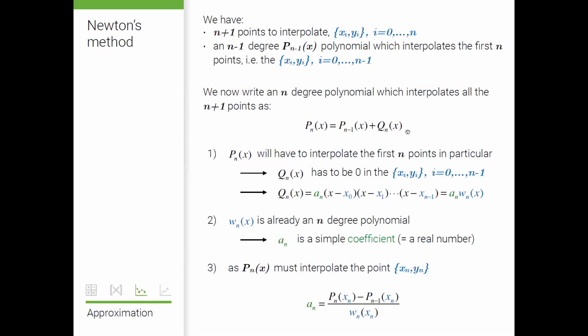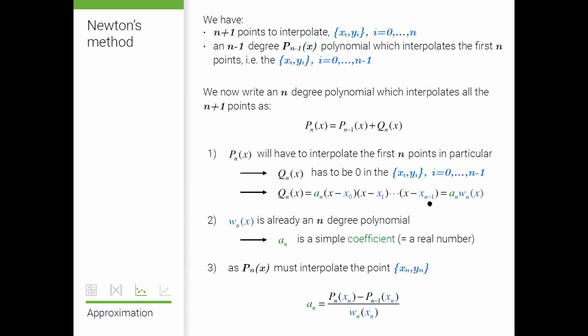This is the definition of Pn of x. And the first step, Pn of x has to interpolate the first n points in particular. So Qn of x can be 0 at the xi, yi, or we can write Qn of x in this form.